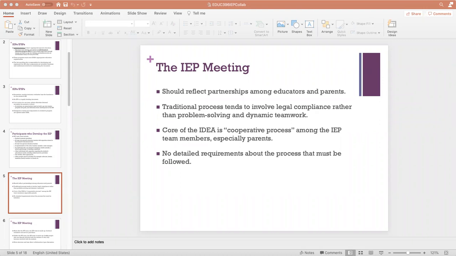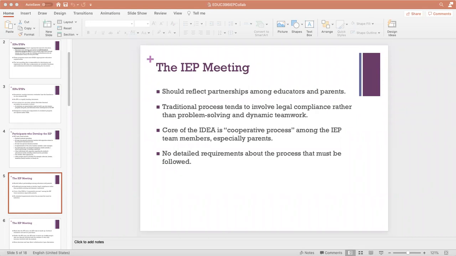The IEP meeting is a one-time shot for everyone to get together to not decide what to do next, but rather to present what has already happened and what is going to be happening going forward. Much, much more akin to a parent-teacher conference than to an RTI meeting.